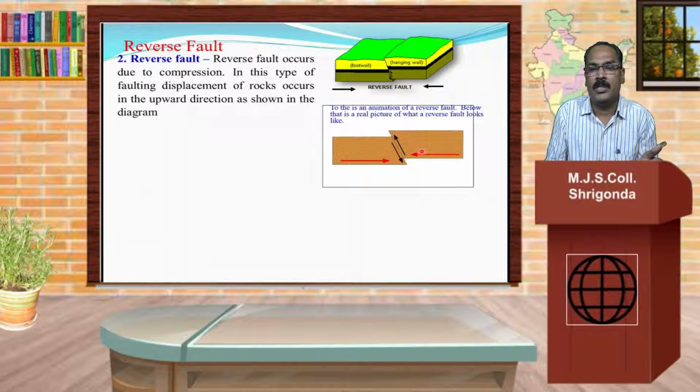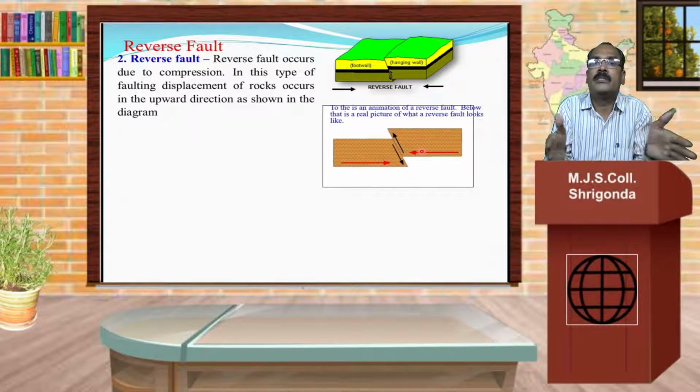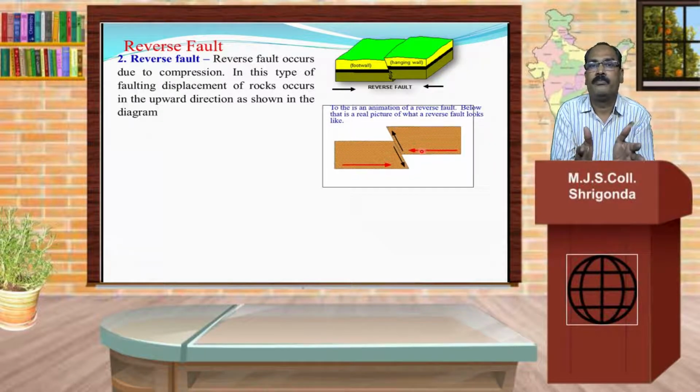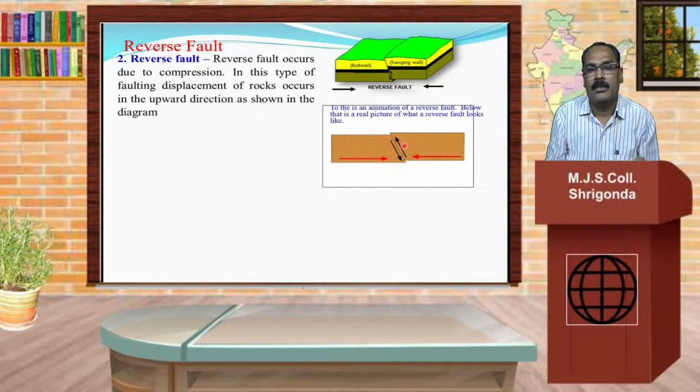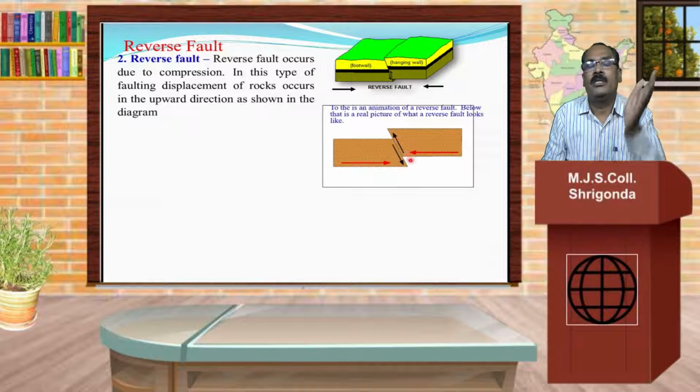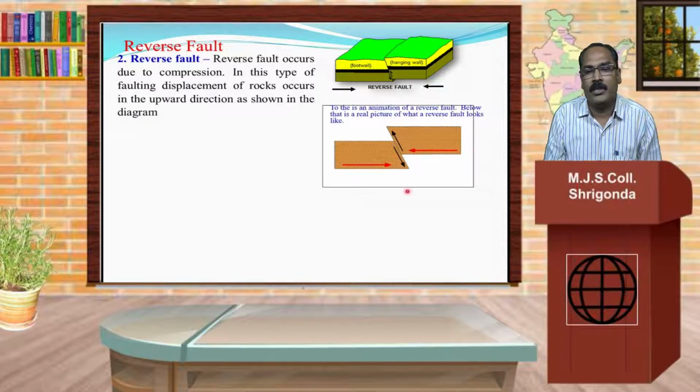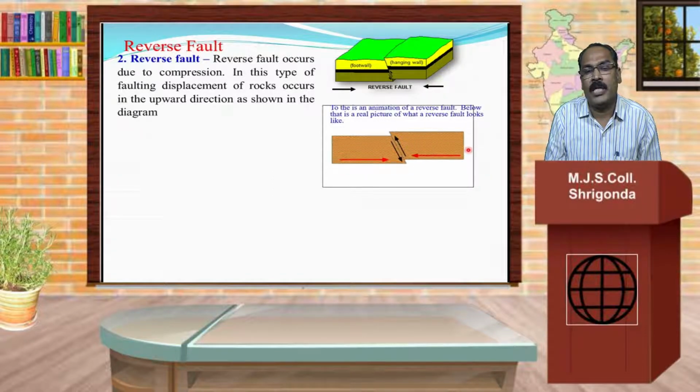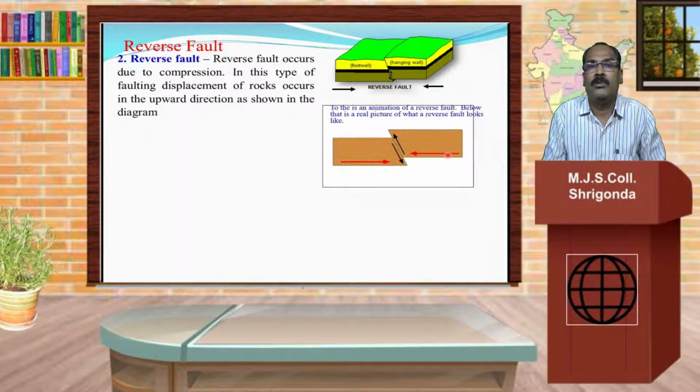This time both sides come together. Okay, and upward and downward direction movements. These movements are in the upward and downward direction, but they come together.